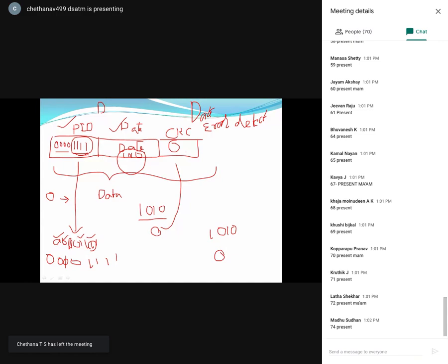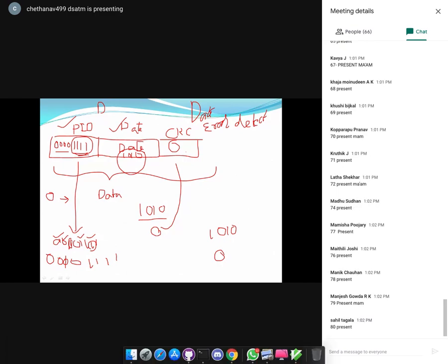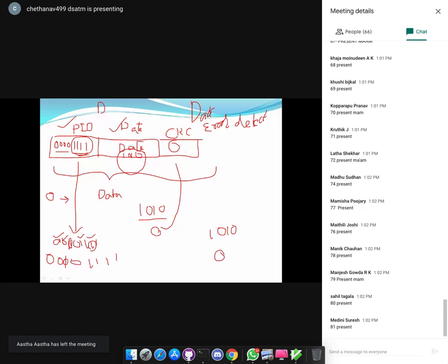Maithili Joshi, present, ma'am. Mamisha. Manik. Manjesh. Sahil. Medini. Mohammed Saif.